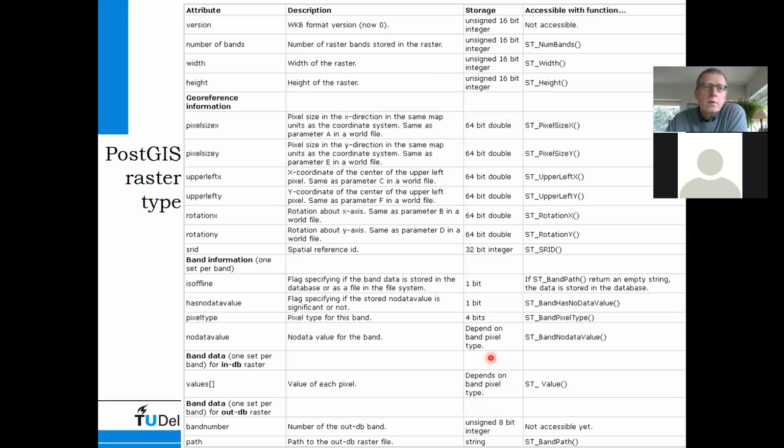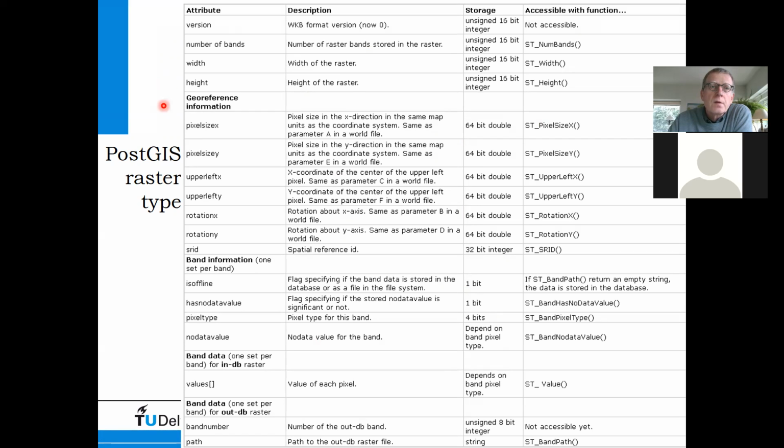Okay, this raster type we did not yet discuss, but as you can see here, it is not super simple. There are really a lot of attributes, but they are not that hard to understand. For example, the number of bands, the width and the height. These are primary organization indicators of the rows, the columns, and the bands.